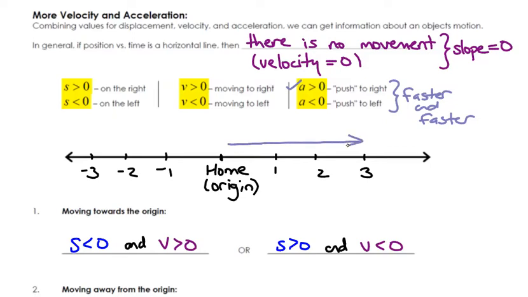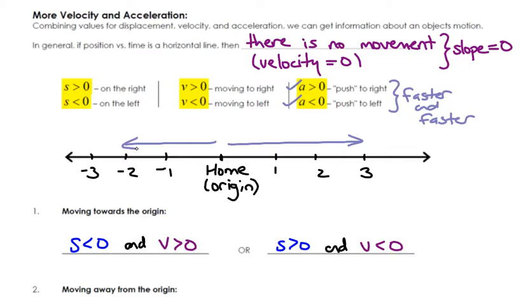So it's kind of like velocity where you're moving to the right, but it's the rate of your movement. So it is the derivative of your derivative. Now if it's less than 0, it means you're moving faster and faster towards the left. So you're pushing faster and faster towards the left direction.